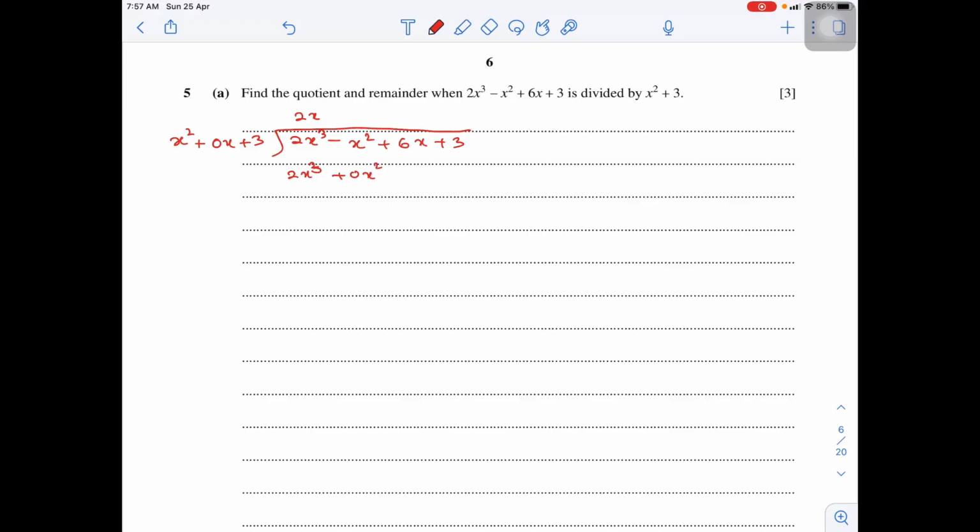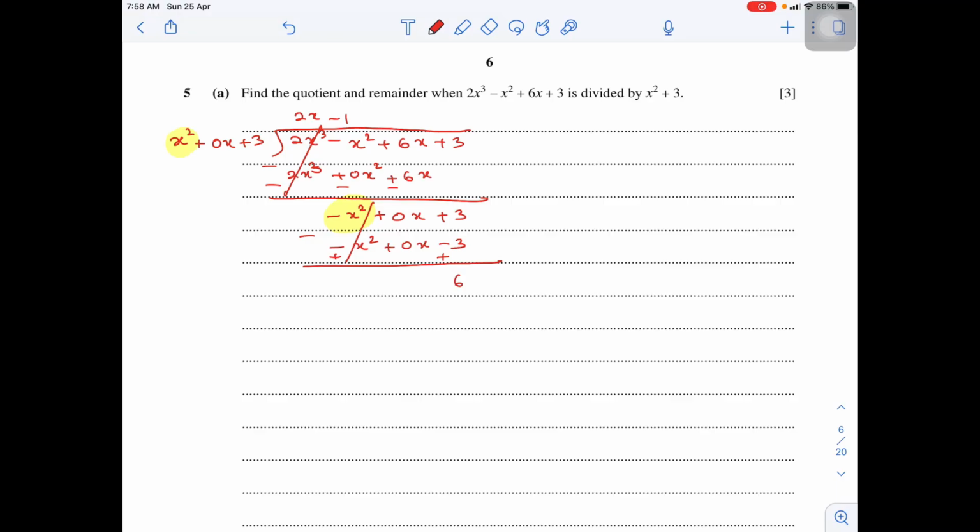2x cubed divided by x squared will be 2x. 2x times x squared is 2x cubed. 2x times 0x is 0x squared. 2x times 3 is 6x. Subtract, because in division we subtract. That's 0, that's negative x squared plus 0x plus 3. Negative x squared divided by x squared is negative 1.